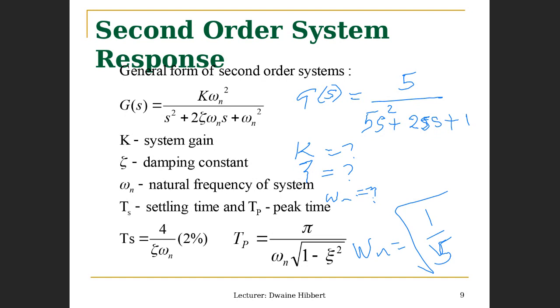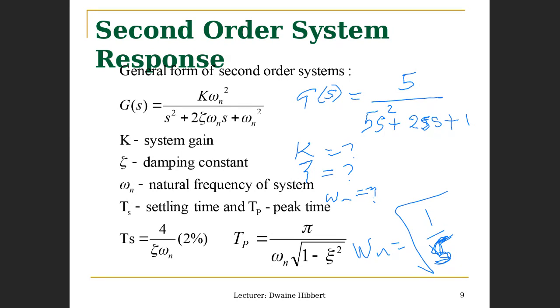Yes, sir. Joel, could you tell us how you arrived at that? Well, based on the general expression, the g of s that we have, the transfer function that we have, we can note that the coefficient of the s squared term needs to be divided right through.